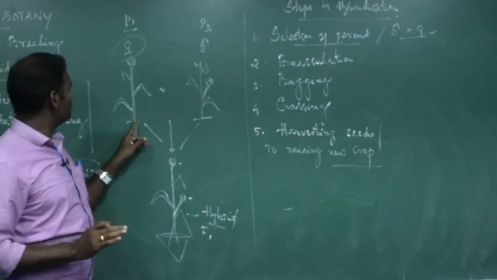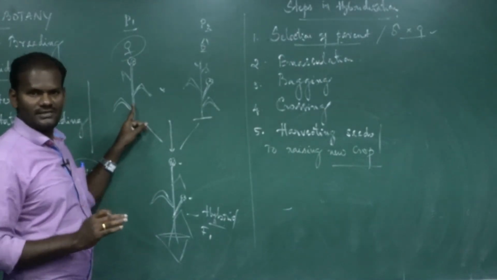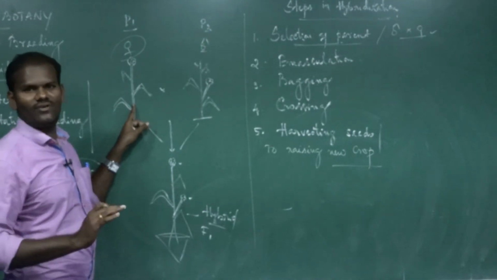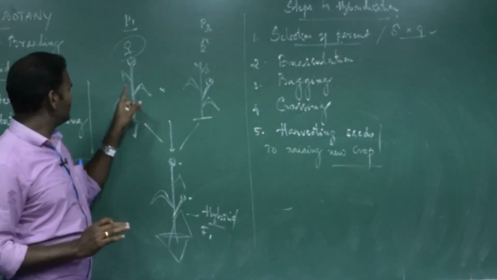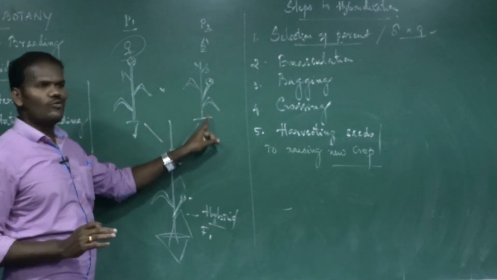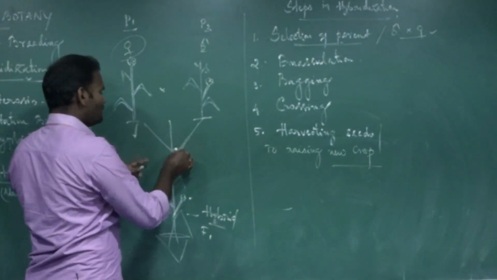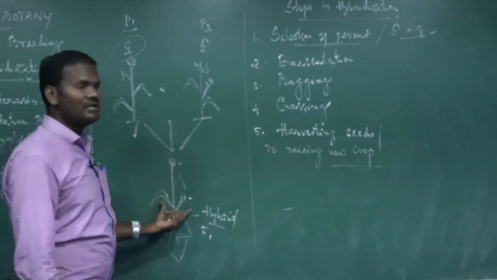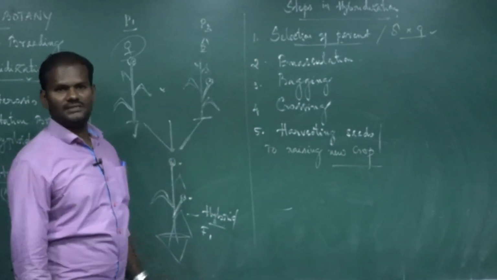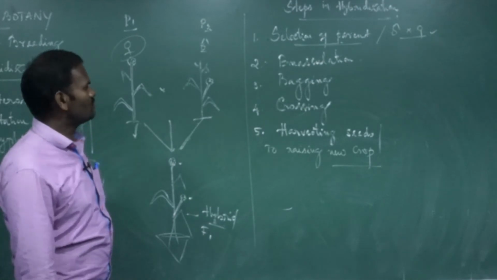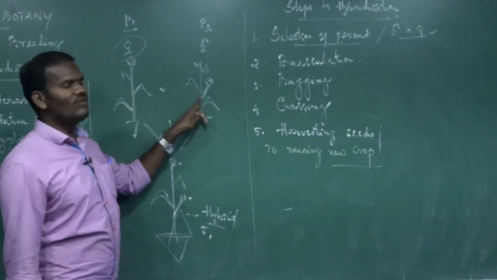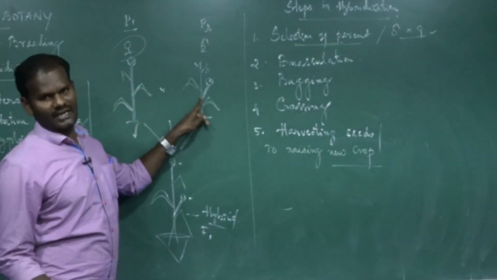Such crop breeding is called homozygosity, without altering any morphological or genetic characters. Such pure homozygous plants have to be selected for hybridization. This is the first step: to select male and female plants with the desirable characters.